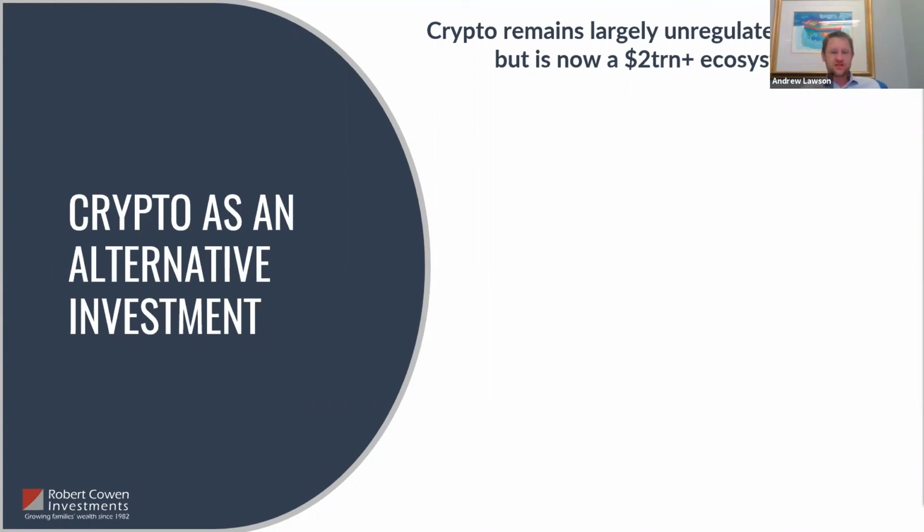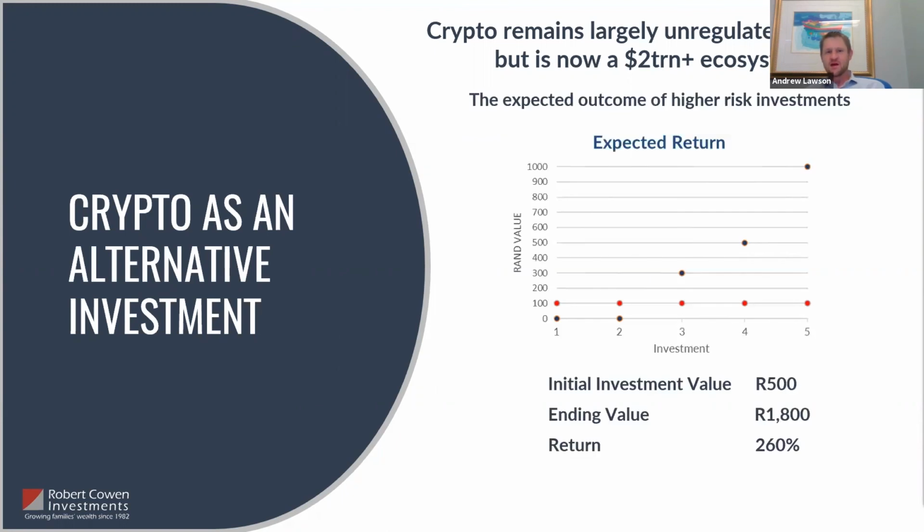So how does this all fit into things, and how do I see crypto as an alternative investment given the risks and expected returns? So I've put together a little graph here to show how I think one should look at this.